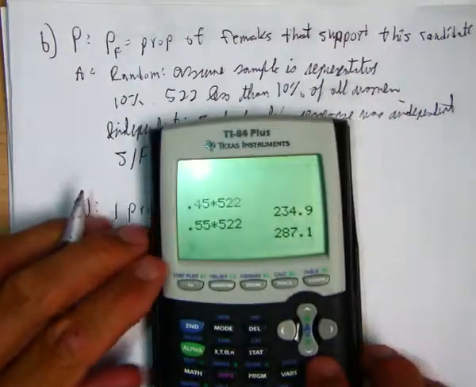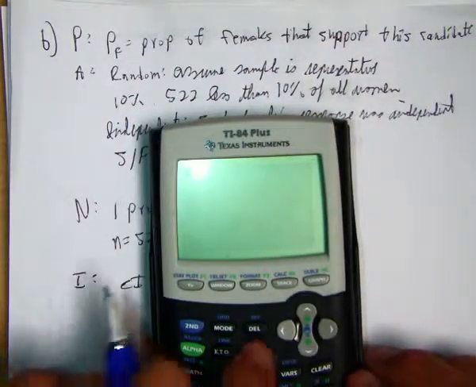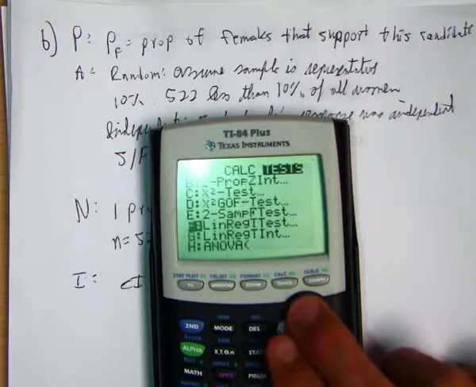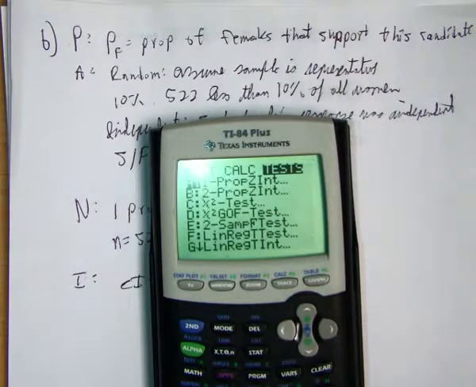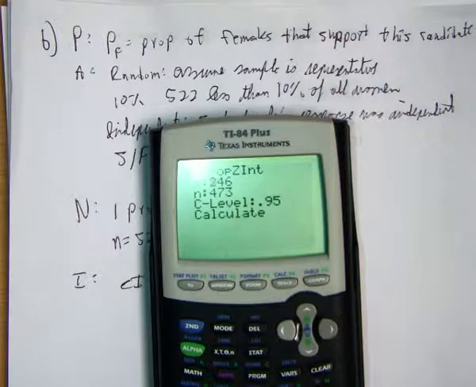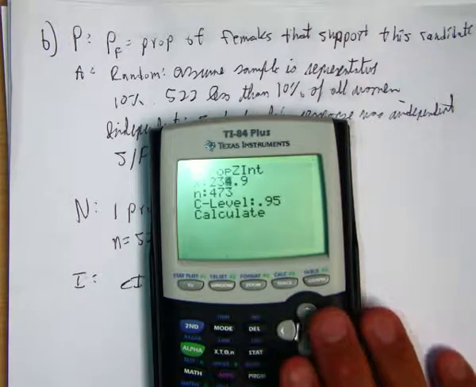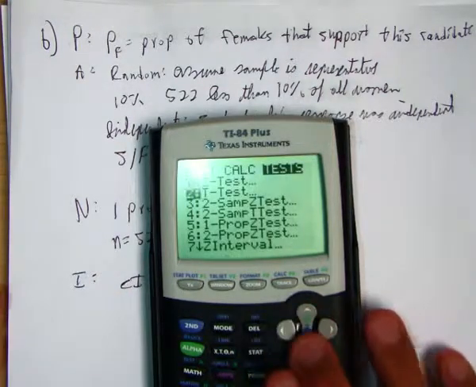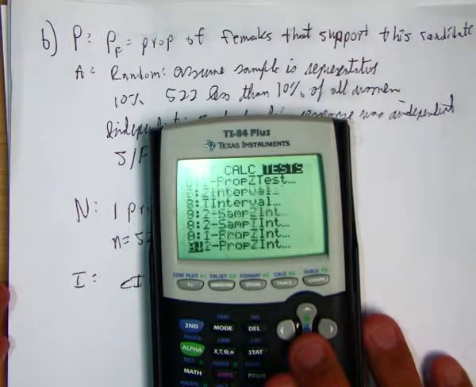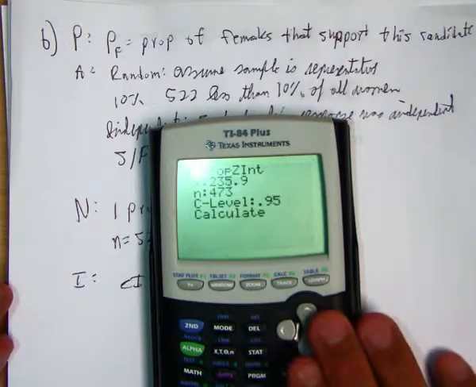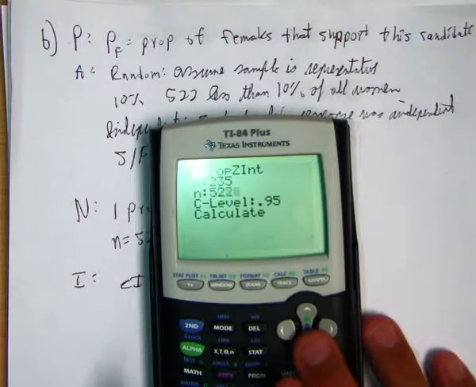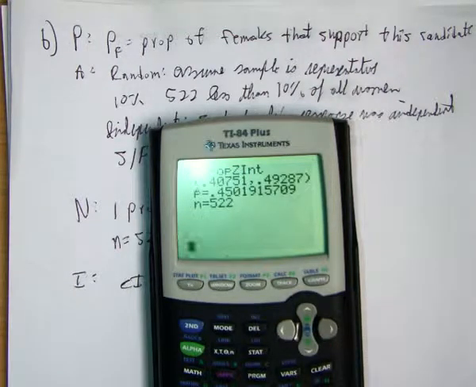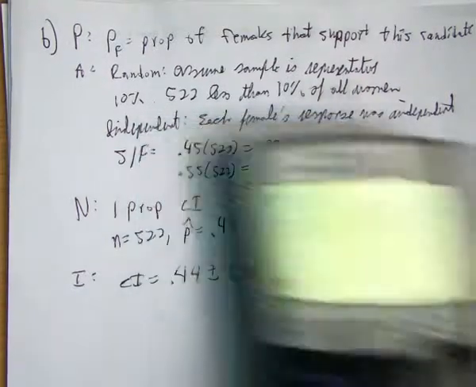Okay. So we're going to do stat, test, one prop Z int. In this case it's 0.45 times 522, and we're going to round that to 235. So this becomes 235, and this is 522. And our interval is about 0.41 to 0.49. Okay?